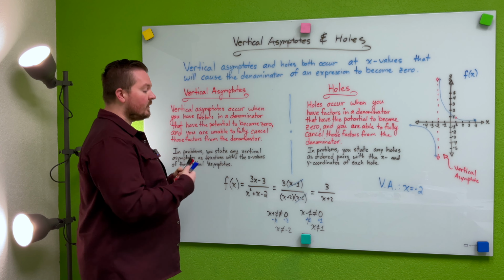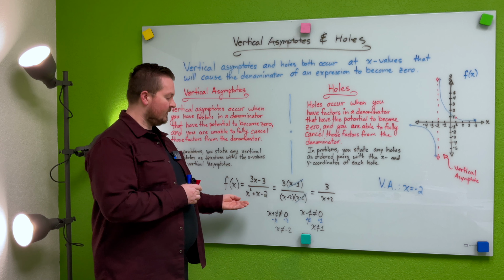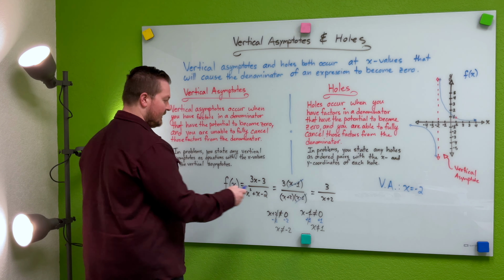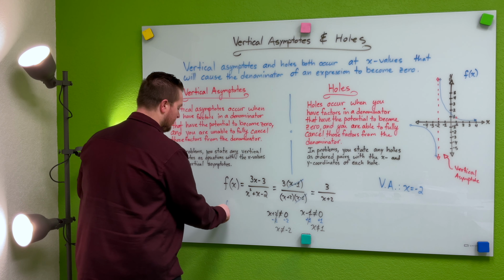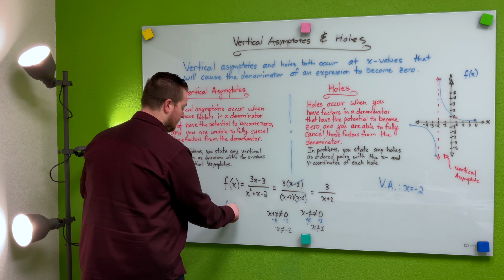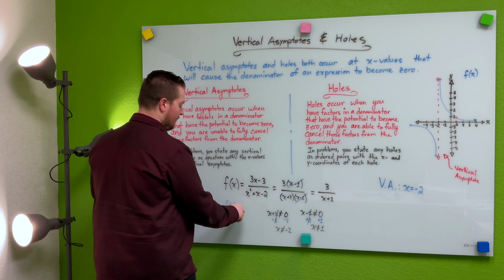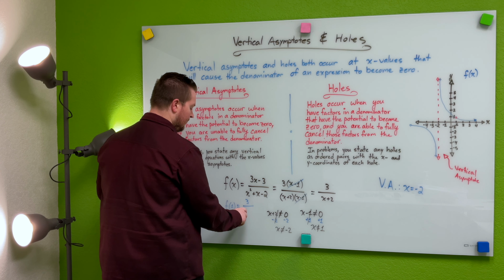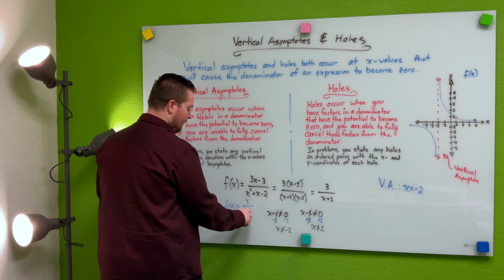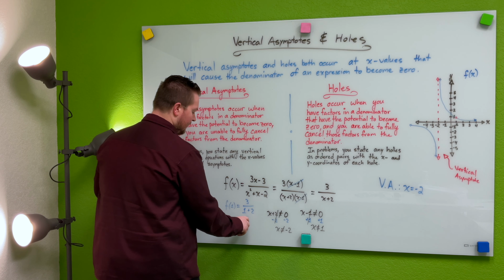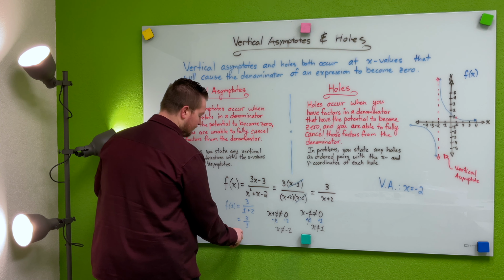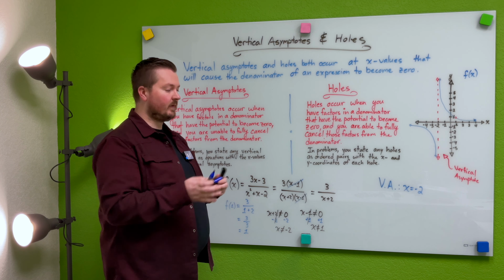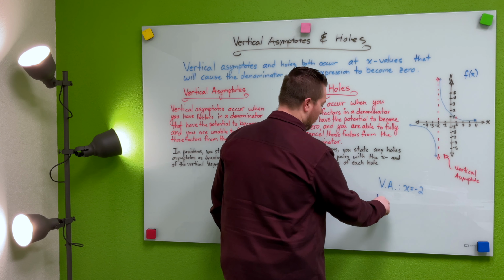So to figure out what y value this hole resides at, we'll take the simpler version of this function and plug in the x value of the hole. So we take our 3 over 1 for our x value plus 2. That gives us 3 divided by 3, which is 1.